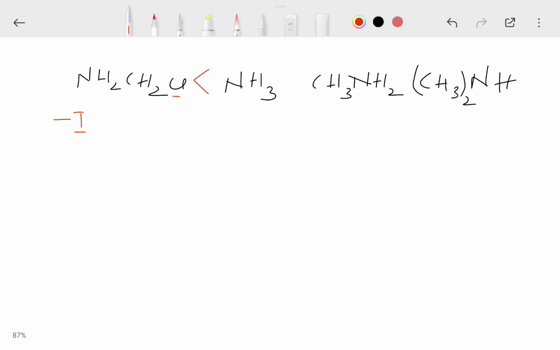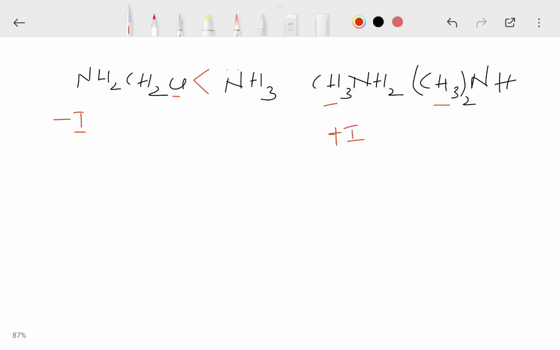Then ammonia. Here you can observe CH3NH2 and dimethylamine. In these two, there is one CH3 and another CH3. These two groups are plus I groups, which increase the electron density on the nitrogen atom.